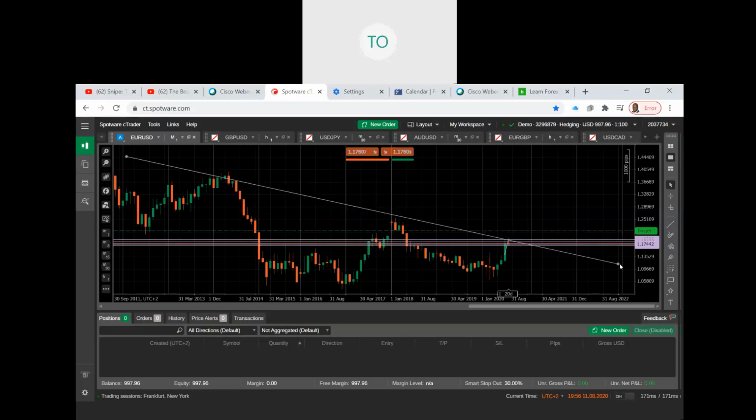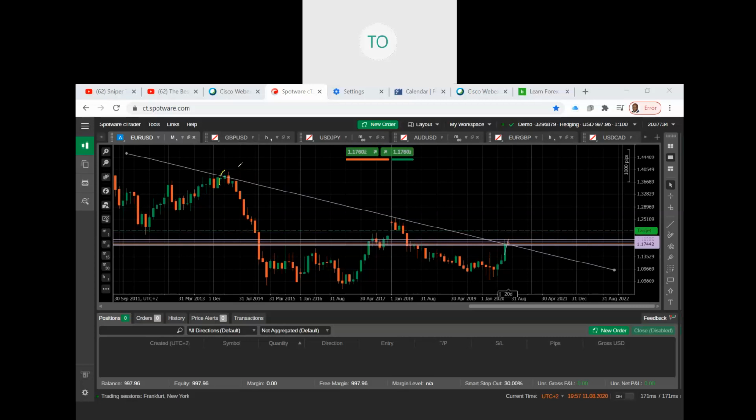Oh, by the way, this is what we call a trend line. I'm trying to make sure that it touches the body on one side and look for another body somewhere and touch it. Ideally, you should touch at least minimum two, but ideally three. So when you're drawing your trend line, you should touch minimum two, ideally three.